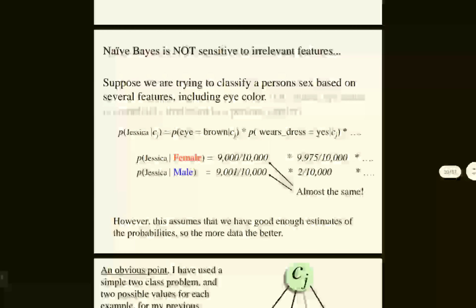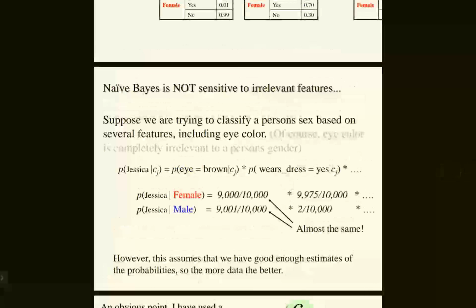Suppose we are trying to classify a person's gender based on several features including eye color. Eye color is completely irrelevant to a person's gender. It is not necessary that a particular color belongs to male or female.